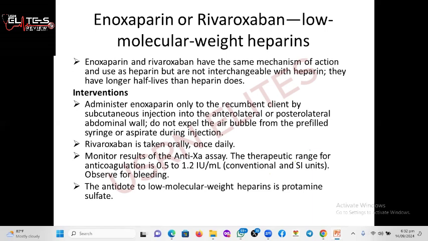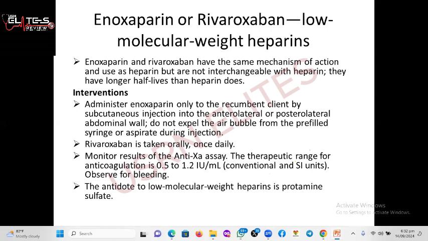And this one mostly comes in a pre-filled form. So like I was saying, if it comes in a pre-filled syringe and you have some air bubbles in there, don't expel the air bubble. And you don't have to aspirate during injection, like I explained. So that is enoxaparin.